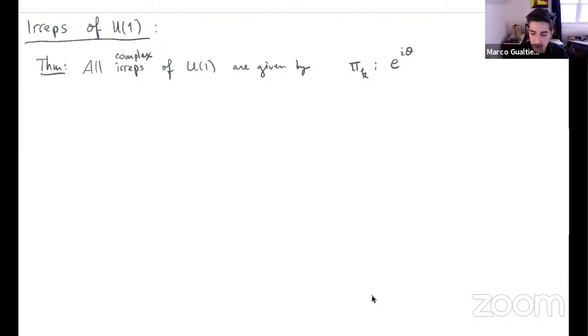This integer tells you which power to raise this to, for k in Z, called the weight of the representation.